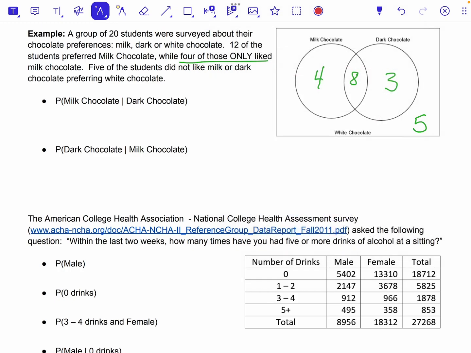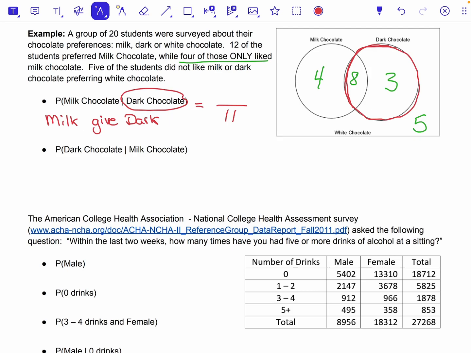So we want, what's the likelihood that someone likes milk chocolate given they like dark chocolate? So I start with the second term. We know the person has to like dark chocolate. That means we are ignoring most of our Venn diagram, and we are only focusing on people in the circle I've highlighted in red. I don't care about anyone else, which means I only care about those 11 kids.